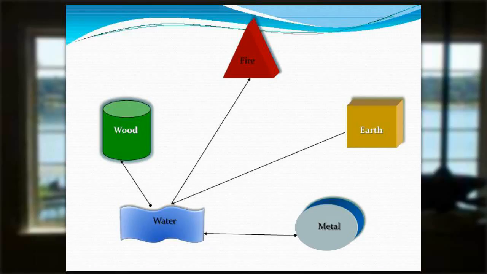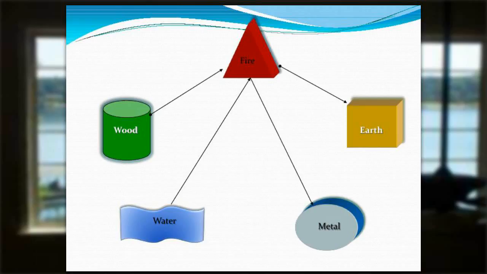So they all are dynamically connected. And one last time, let's look at the connections between all 4 of the elements to fire. Wood stokes the fire, or builds it up. Water puts out the fire. Fire melts metal. And then the diminishing effect, earth will slightly put out fire.